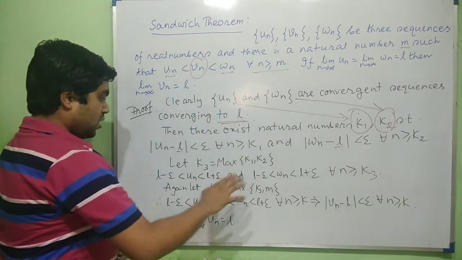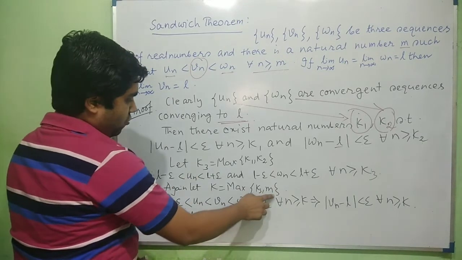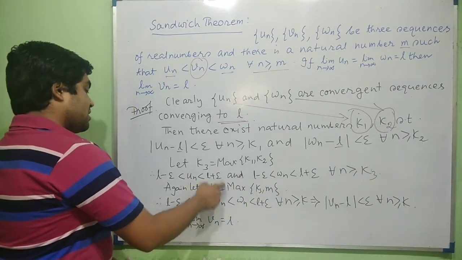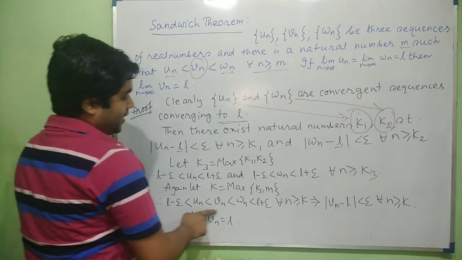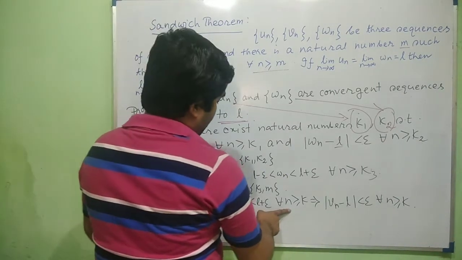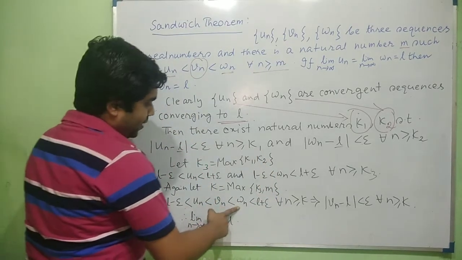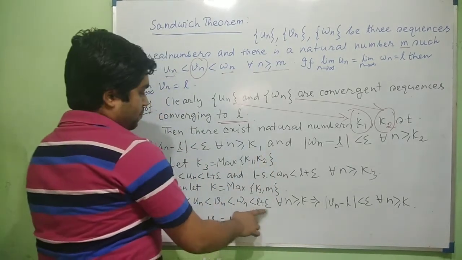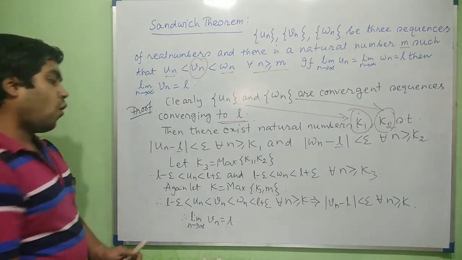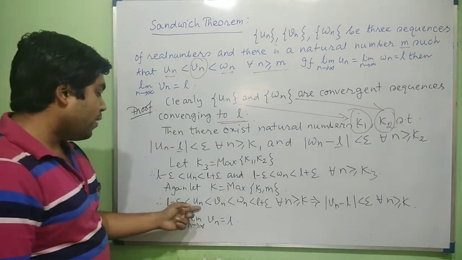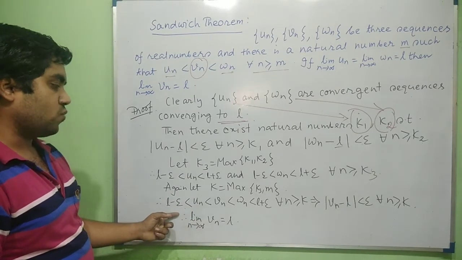So we consider the maximum of k3 and m. This is k, and for all n greater than or equal to k, wn is less than L plus epsilon, and un is greater than L minus epsilon.